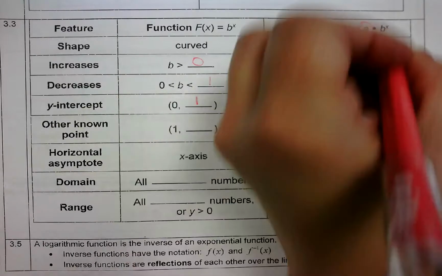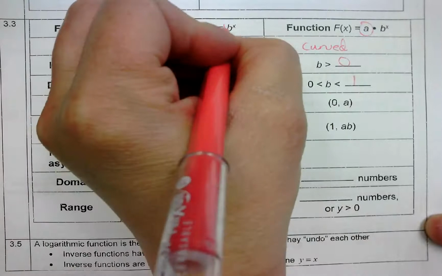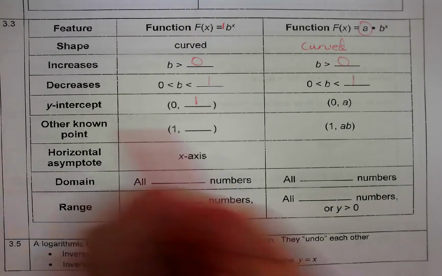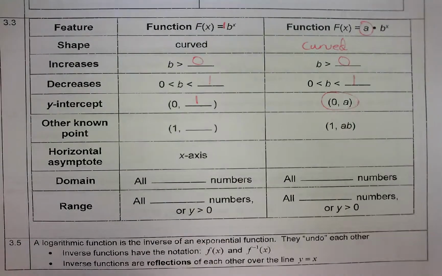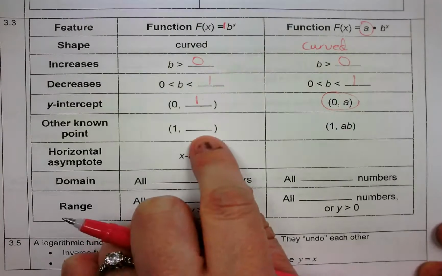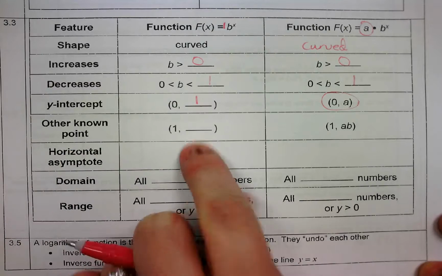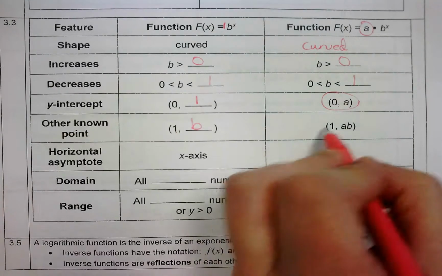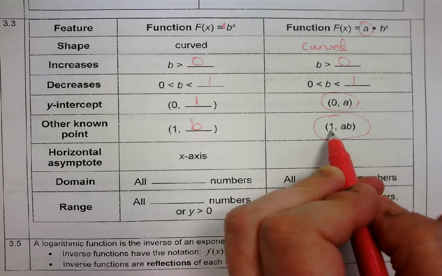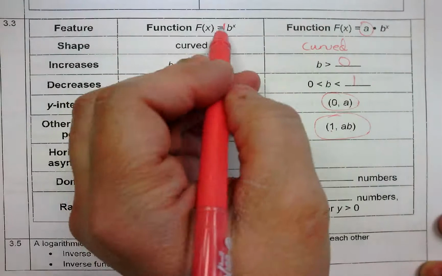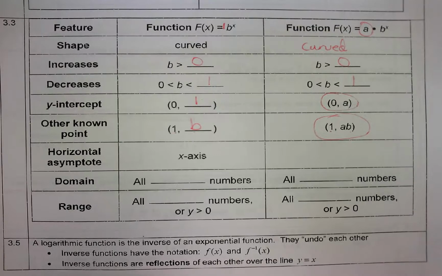You don't have to remember both, because if this is just b to the x, then your a value is 1. So if you just remember that it's always (0, a), that will help you out. Another point on the curve is the point (1, ab). You can just remember this one, because in this case your a is just 1. So there's no point in remembering a whole bunch of different things.